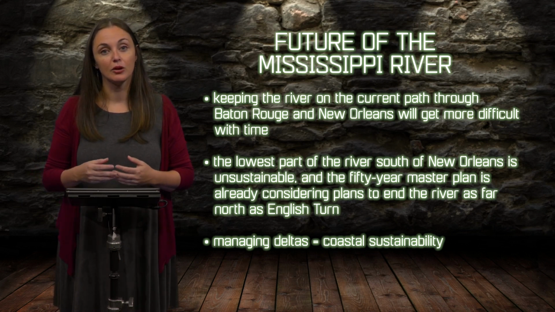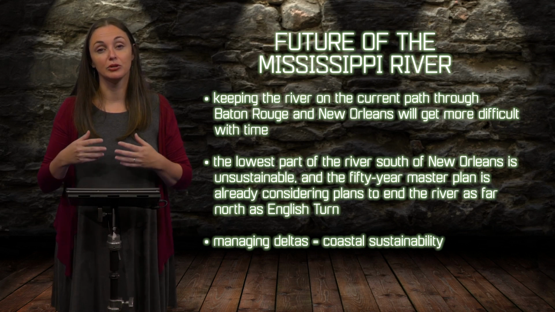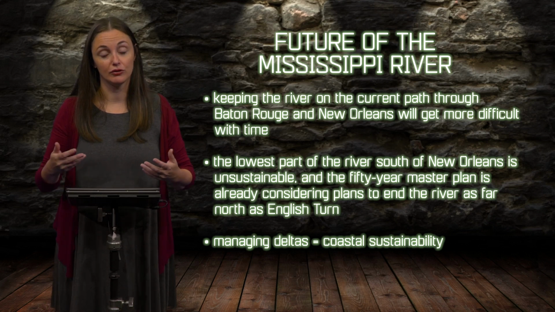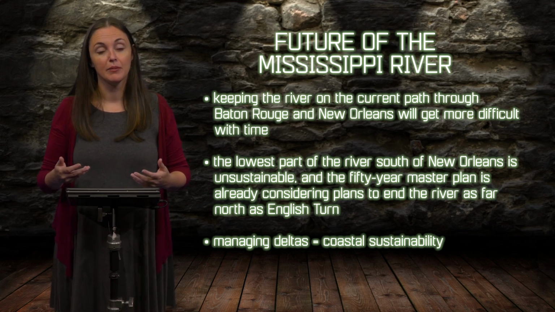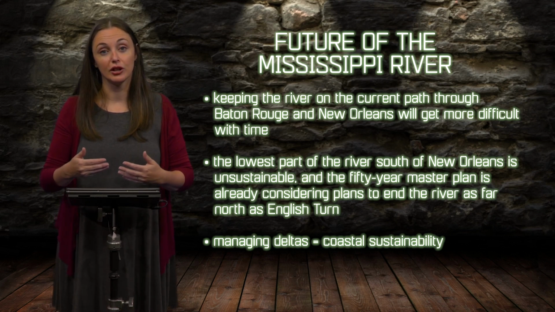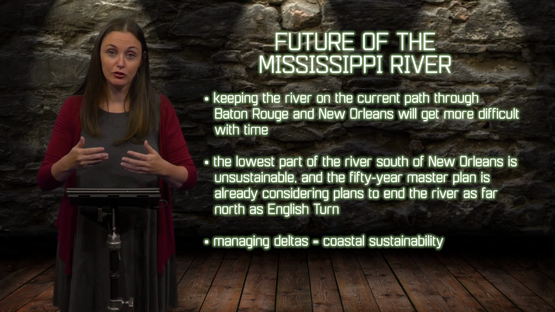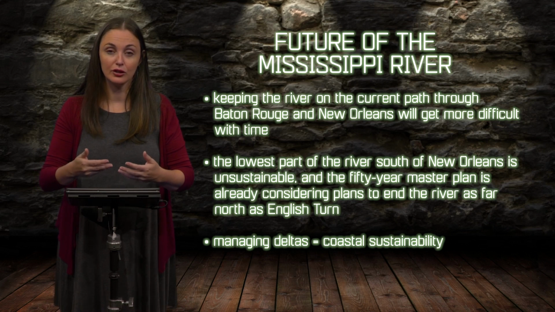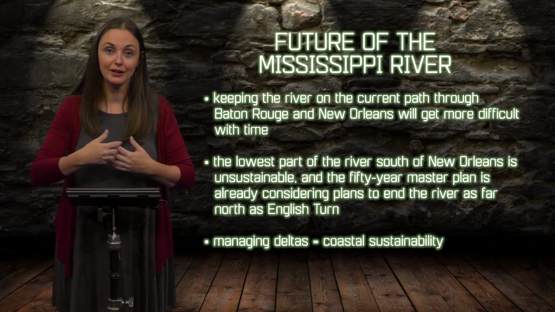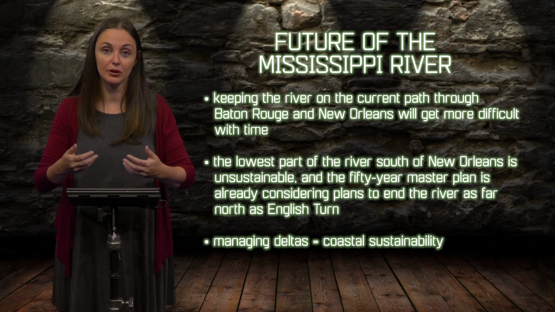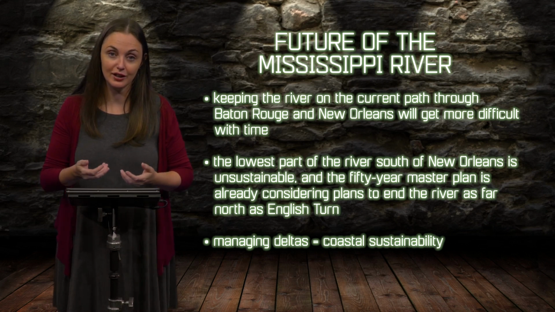The other thing we can do, particularly in the areas around and south of New Orleans, is have more of these freshwater diversions in place. In addition to diverting the water in the Mississippi River and mitigating the threat of flooding, we can also deliver badly needed sediment to places in South Louisiana that are experiencing coastal subsidence and sinking.